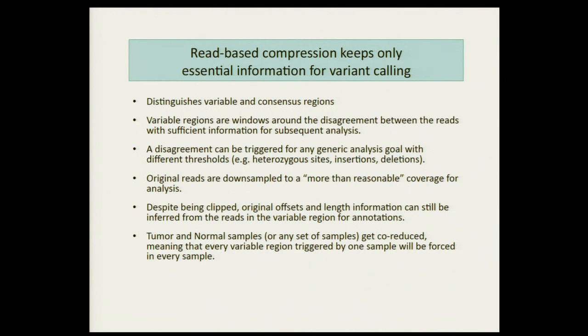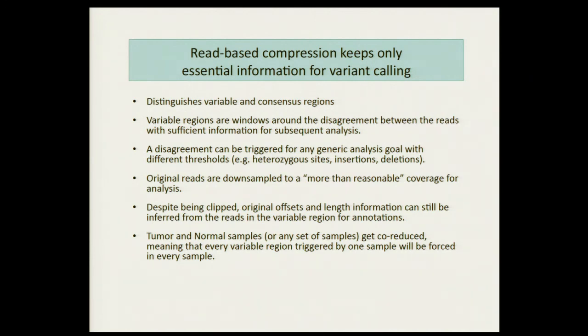I think the default is 250x, because with 250-fold coverage on any region, we're pretty sure we can determine what's going on there. This is just a protection for problematic regions in the genome, usually the centromeres, where a lot of reads get aligned because it's very repetitive, and you can very easily get to 10,000 coverage, and you don't want to see all those 10,000.